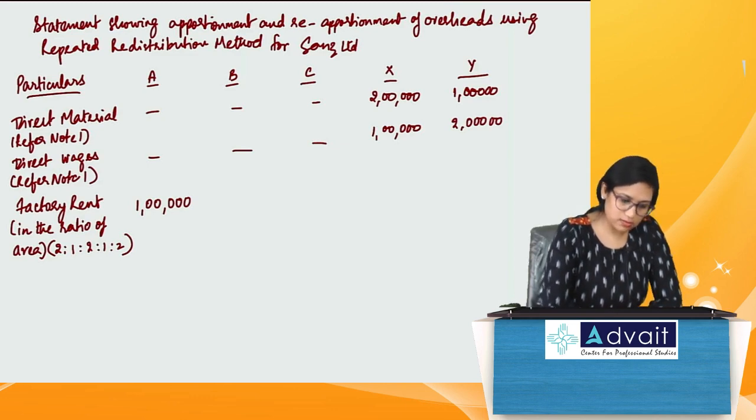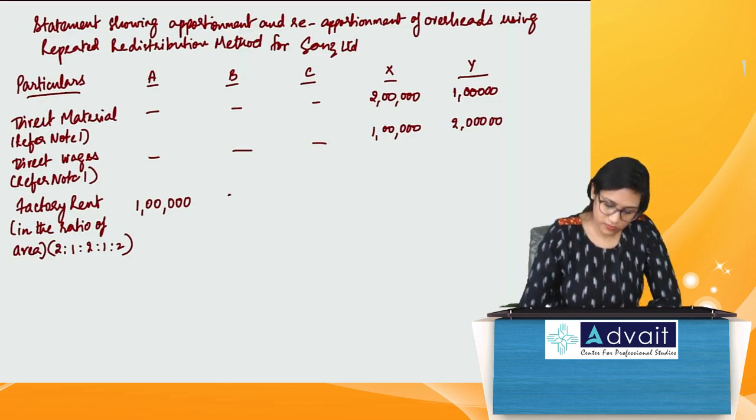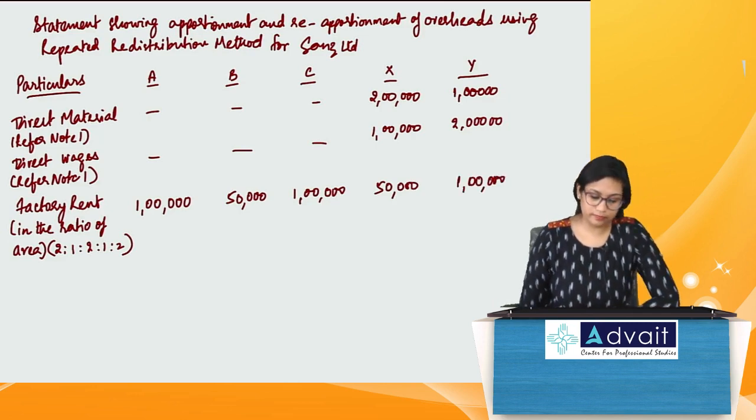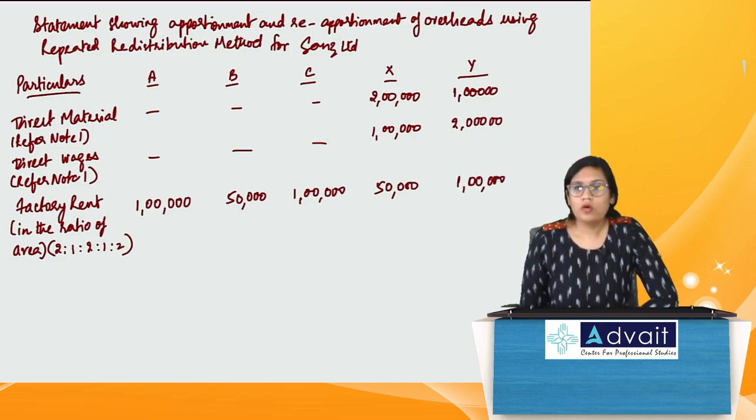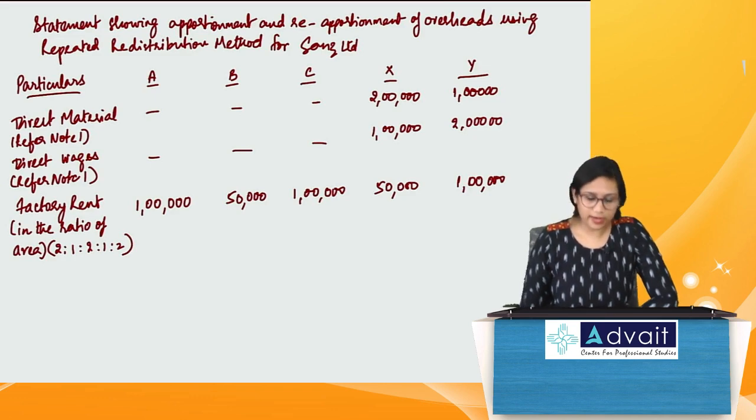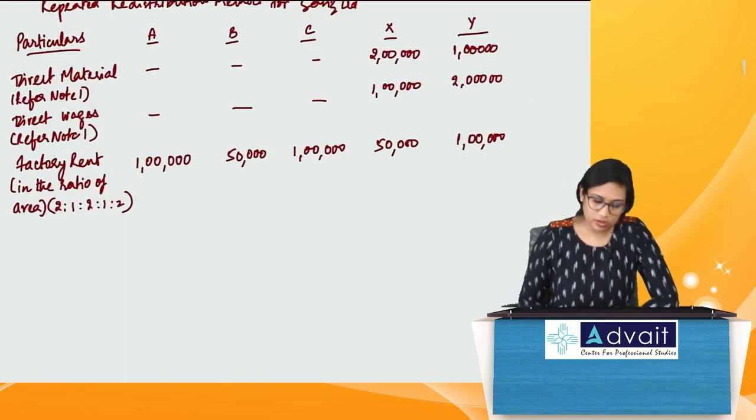Second one is half of that. Then again 1 lakh. Then 50,000. 1 lakh. Yes, correct, Harriet. That's right. So factory rent is done.